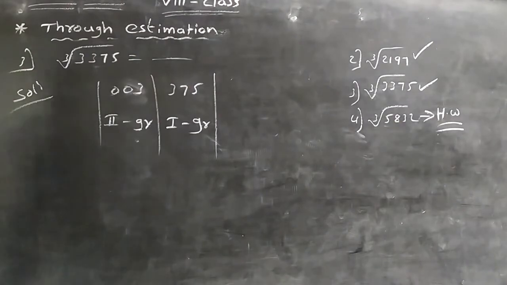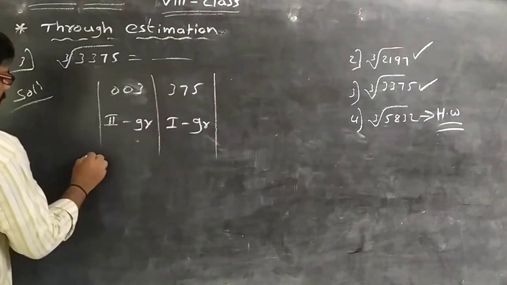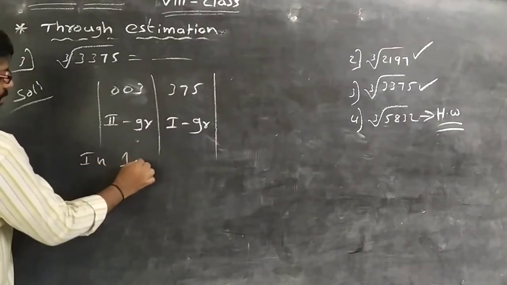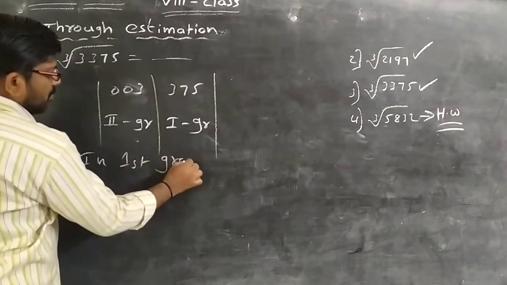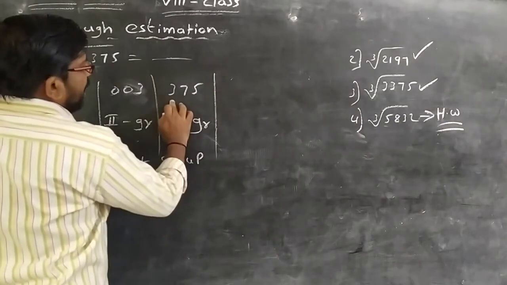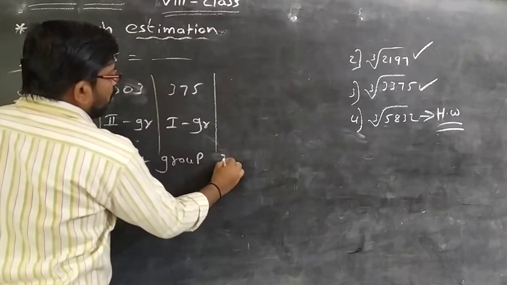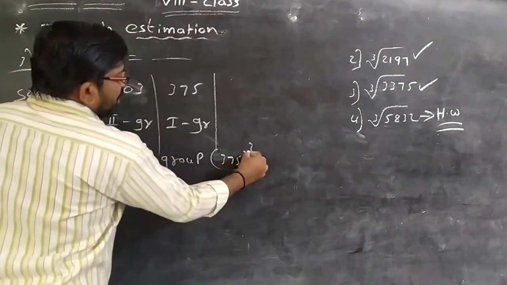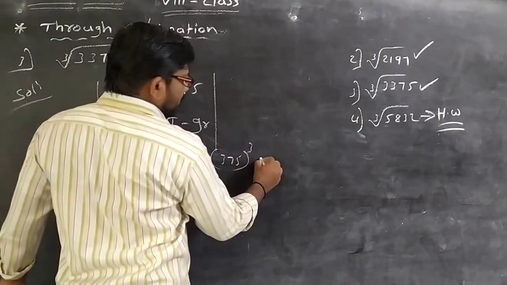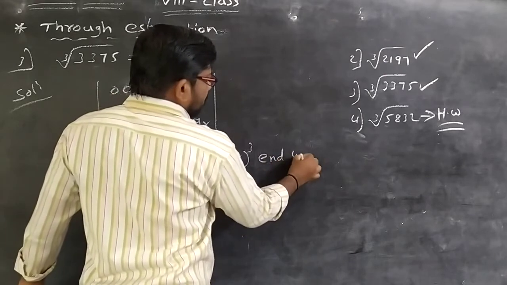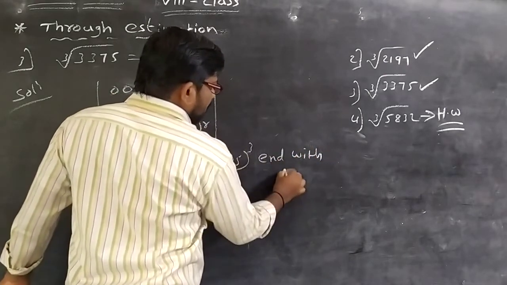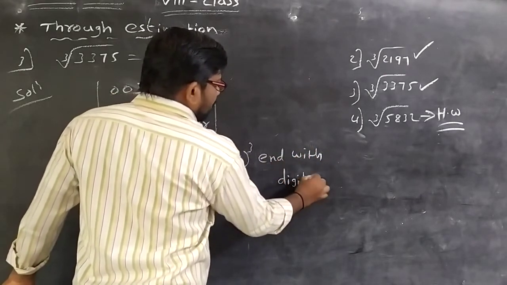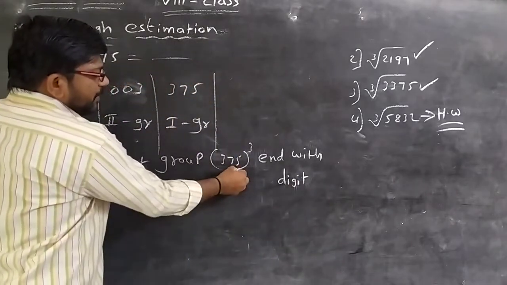Next, in the first group, 375 whole cube ends with which digit?